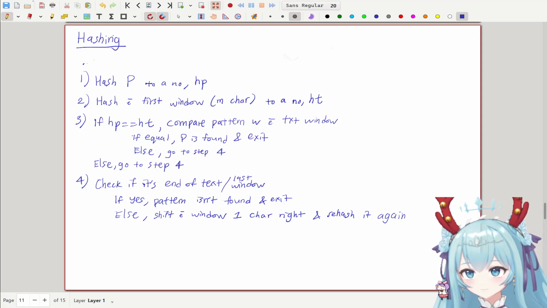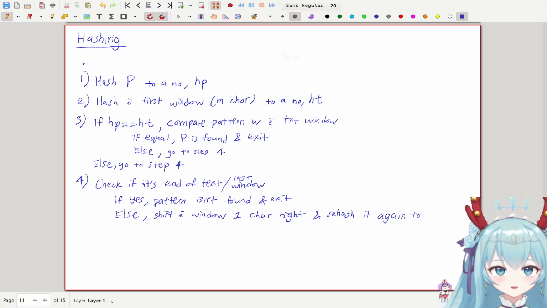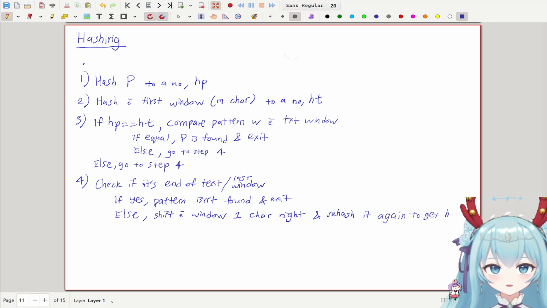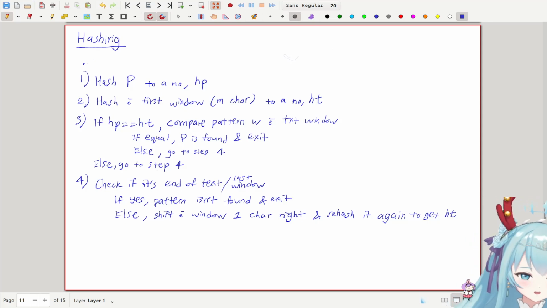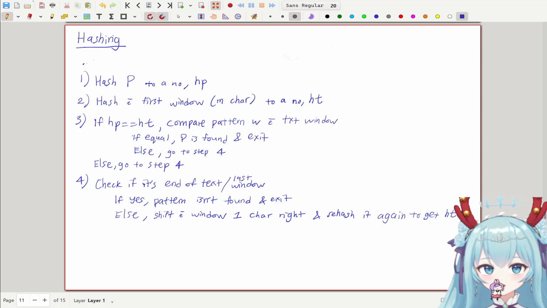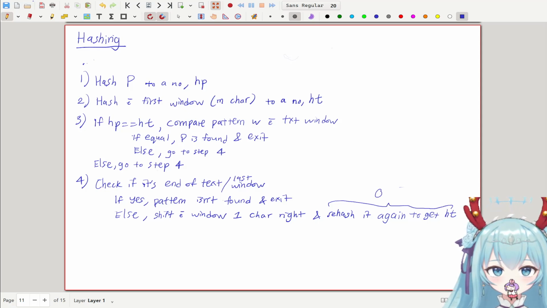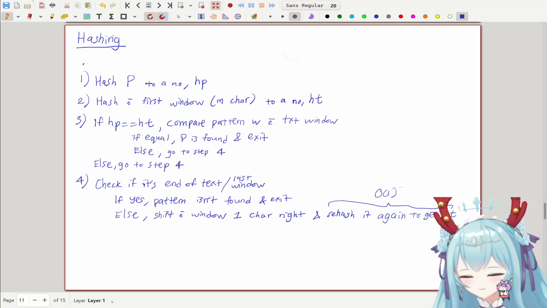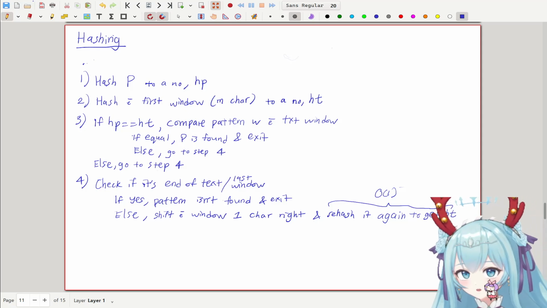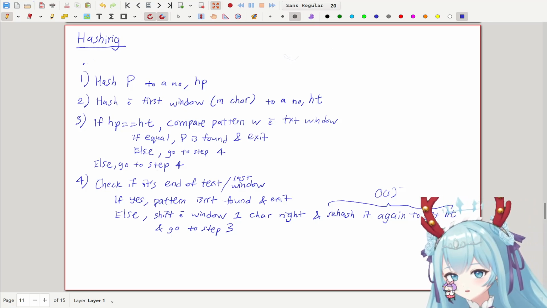But the key step is that we rehash it again to the updated ht. And this rehashing, remember, takes O of 1 because of the previous slide. And after we rehash, we go to step 3. So this is the key algo.